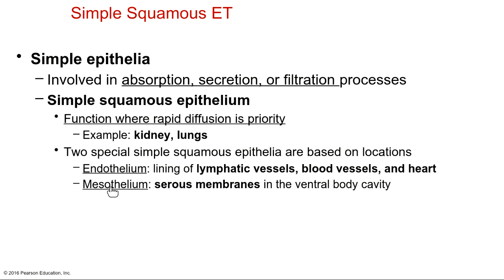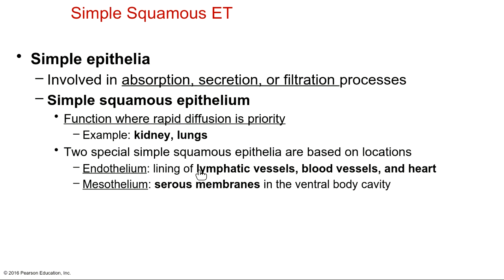All right, so regarding simple squamous epithelial, there actually are two kinds that you should know where they are, okay? So something called endothelium. Don't get that word confused with epithelium. Endothelium is a kind of epithelium.